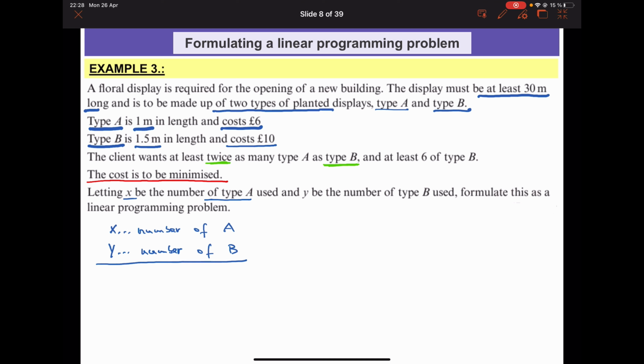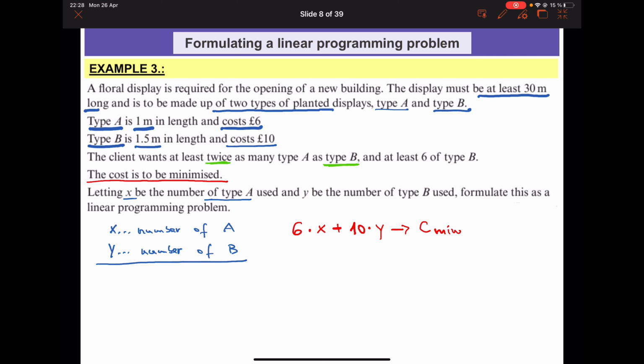Okay. Now objective function, I'll do it in red. Objective function, I know I'm going to minimize the cost, and the cost will be when I multiply 6 times x plus 10 times y, and this is your cost that will be minimized.